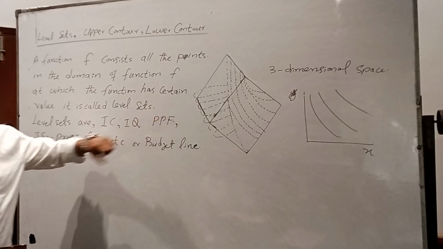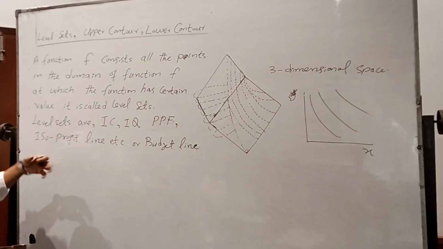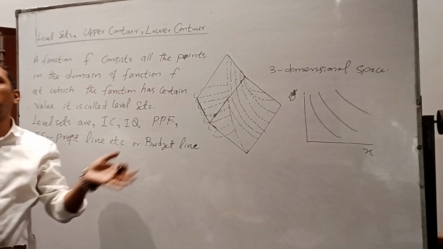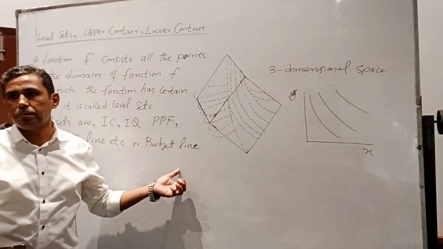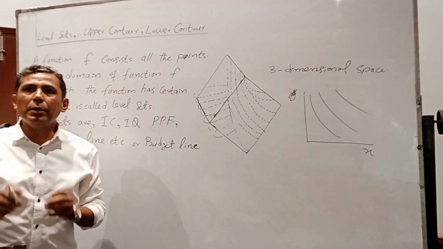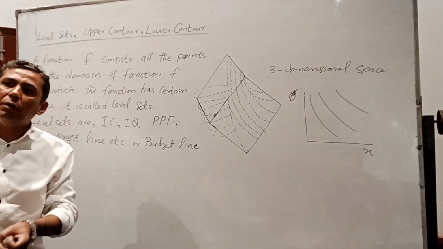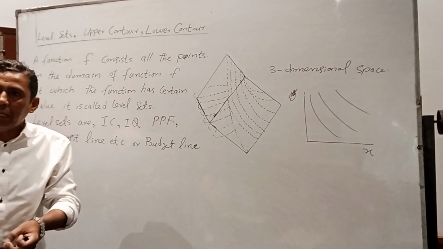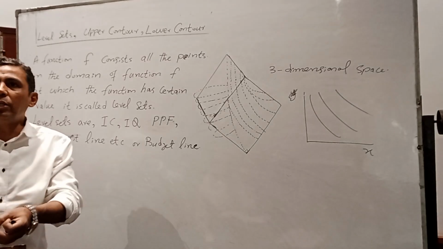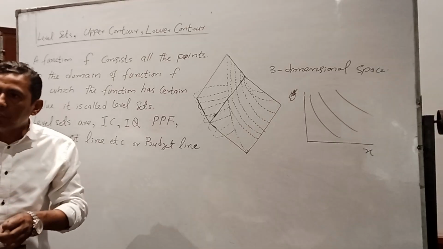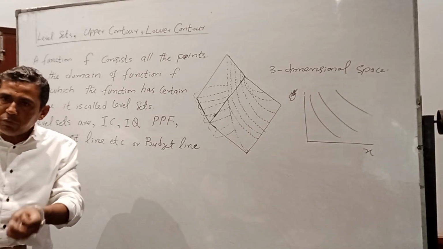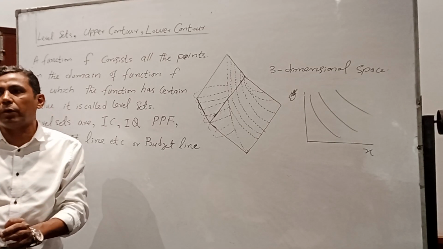And similarly, ISO profit line, which decides your benchmark of the profit, and the budget line in case of the consumer. Clear? Now, on the basis of the level set, you decide which value will be higher as compared to this value, or which value will be lower as compared to this value.